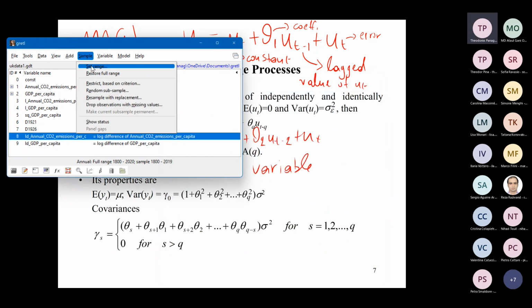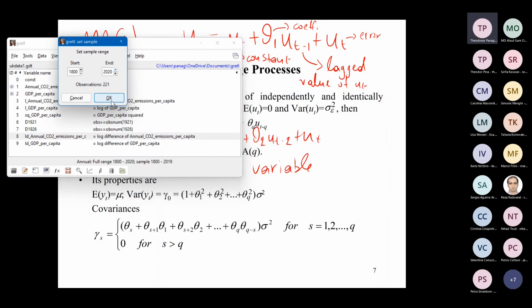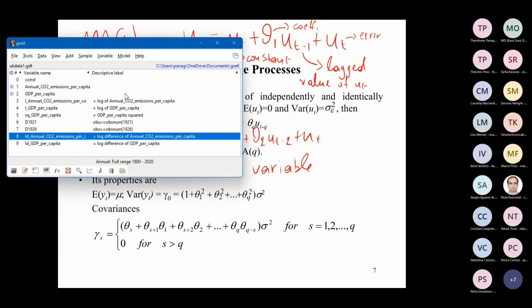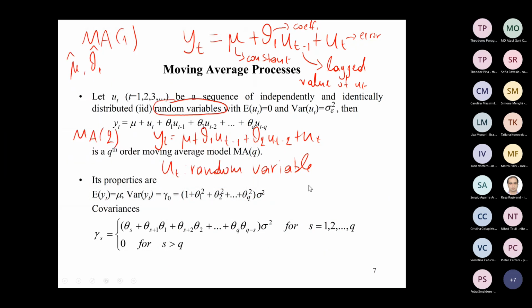Now I'm going to go back to the range and restore the range to 2020. Any questions? Anything you want me to repeat? So let me repeat the main things. What is a moving average model?